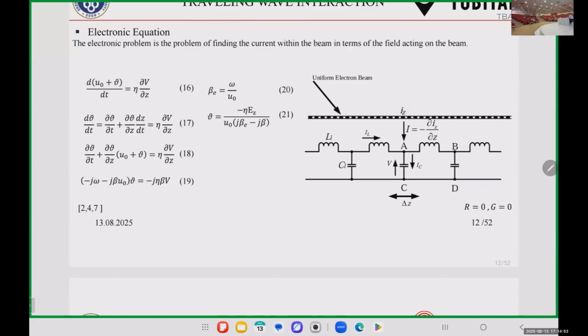What is the small signal assumption? We neglect the AC component of the velocity of the electron.